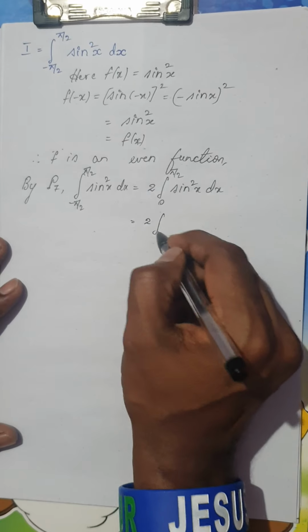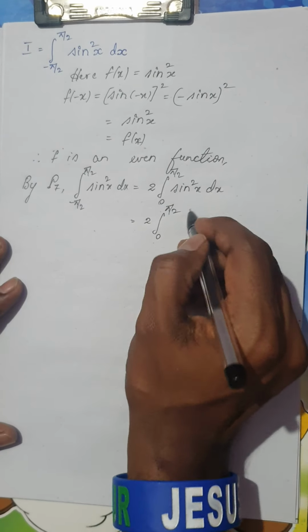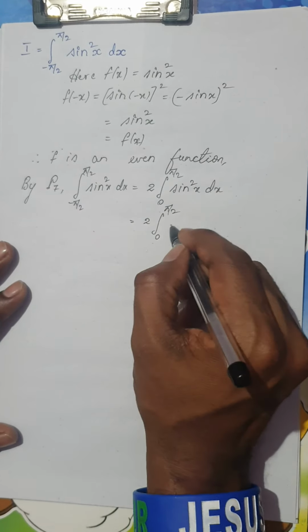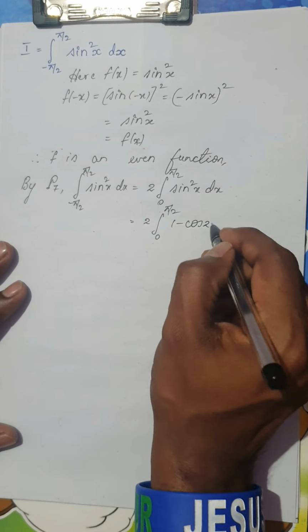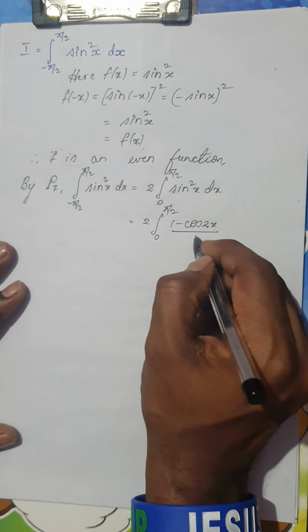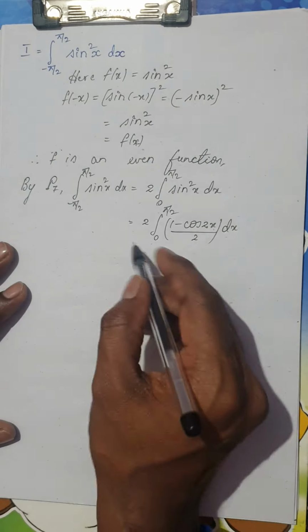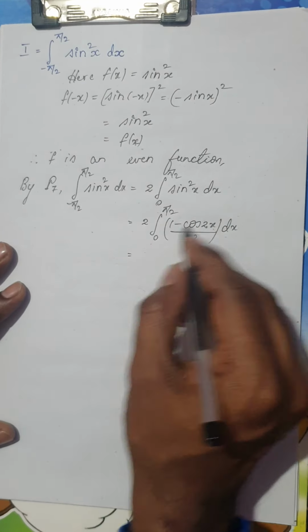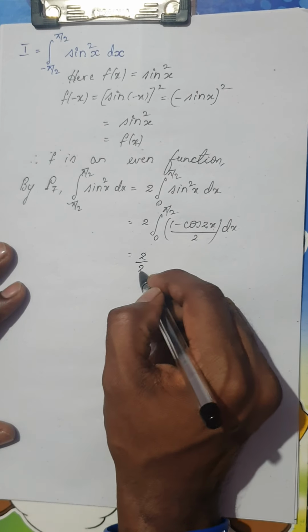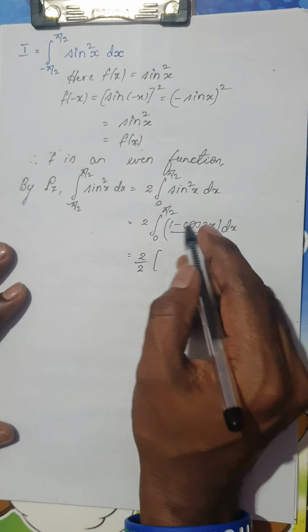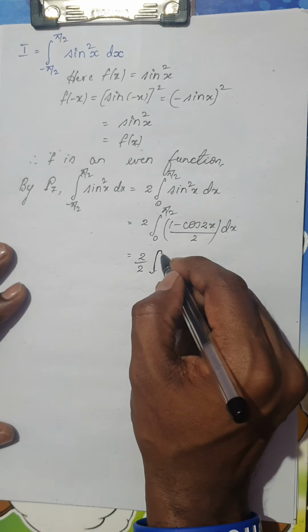This is nothing but 2 into integral from 0 to pi by 2. Now sine square x can be written as 1 minus cos 2x divided by 2 dx, right. So if you bring this 2 outside, your 2 and 2 will get cancelled. Let me write one more step.